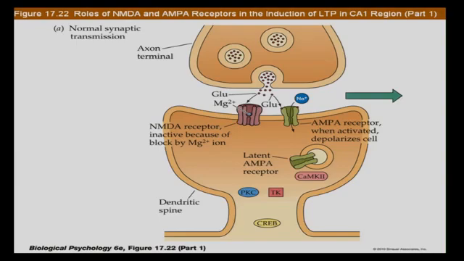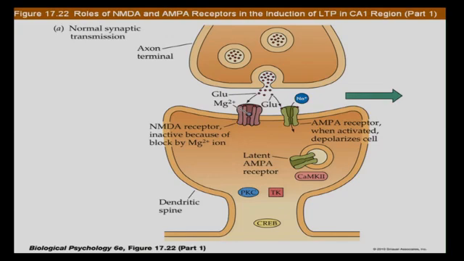So that implicates that this is highly active. There are lots of activations here, probably causing spiking. The feature of this channel, that it has a magnesium block until there's enough activation in the postsynaptic terminal, is actually a perfect explanation for Hebb's law.